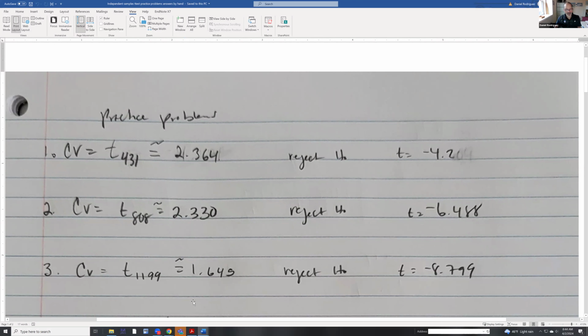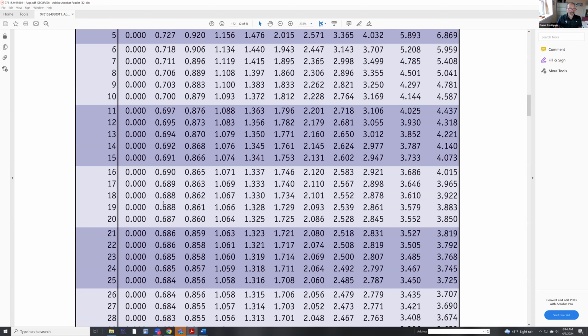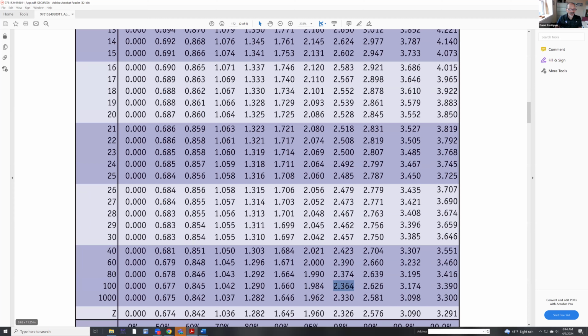So how did I get that? If you go to the table, first of all, I need to look for 431 degrees of freedom. And I don't see 431. I see 100 and I see 1,000 degrees of freedom. Neither of those fit. I'm a little bit closer to 100 than I am to 1,000. So I have a couple choices, either this row or this row.